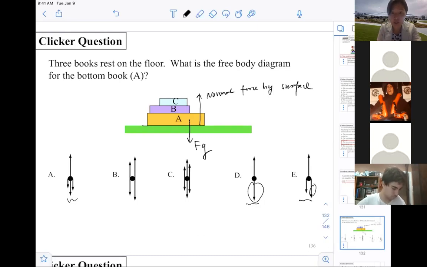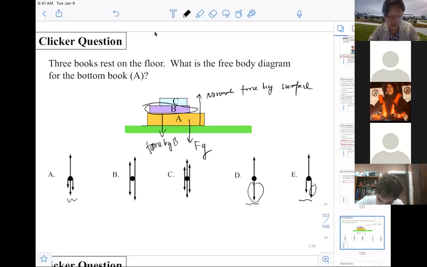Any other force requires touching contact. A is also in contact with the book B. So B must be exerting a force on A. And would that be upward or downward? Downward. Also a force by B. So that's it. That's all the three forces.